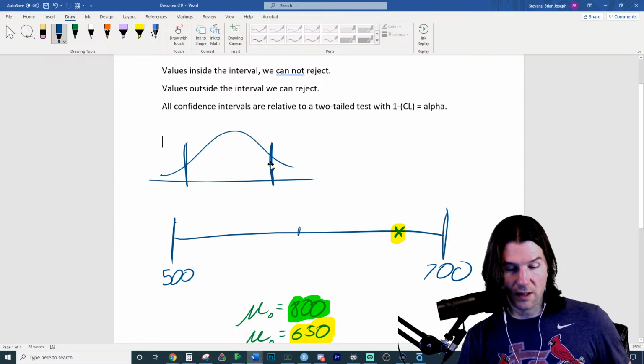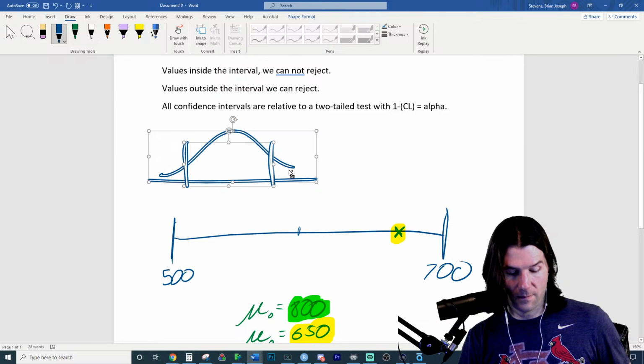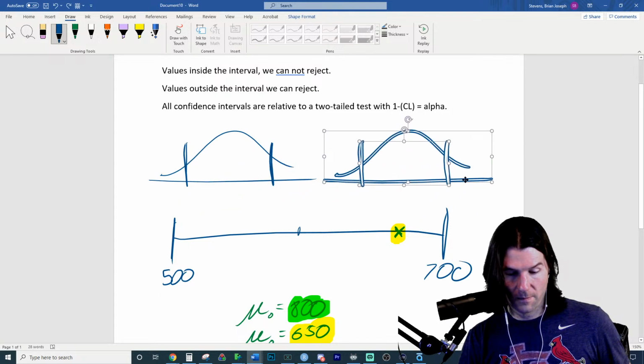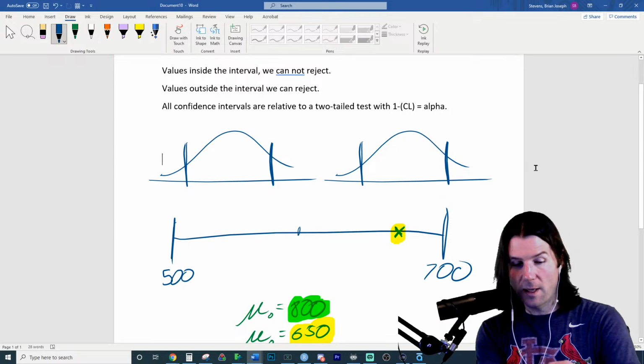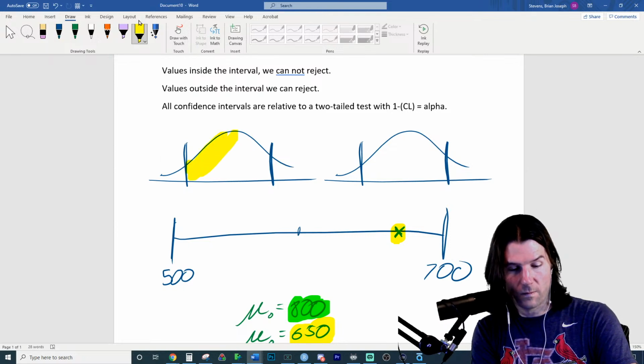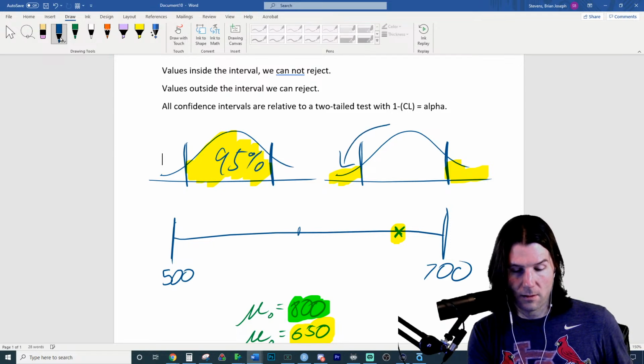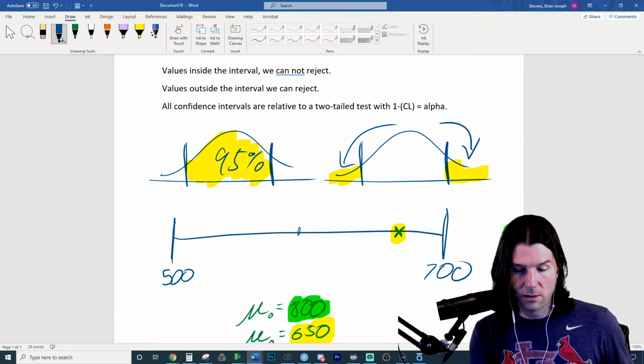So if it's 95% inside, what does that mean is outside this interval? That means outside, which is like our rejection region.